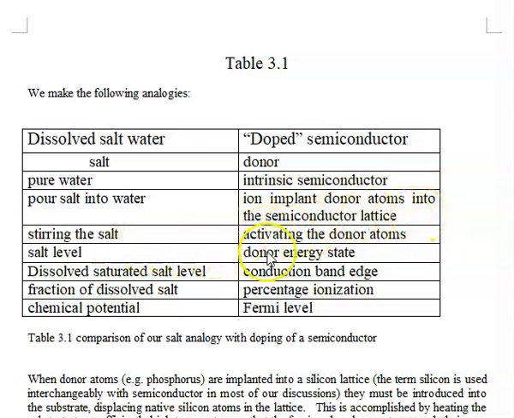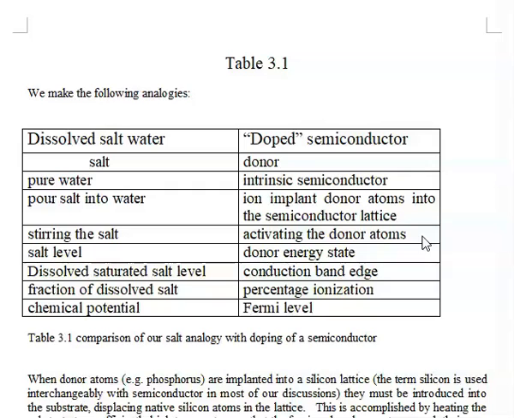Stirring the salt has its analogy in activating the donor atoms. We do that by heating the wafer to about, I think it's about 800 or 900 degrees centigrade, and that's enough to shake things up.